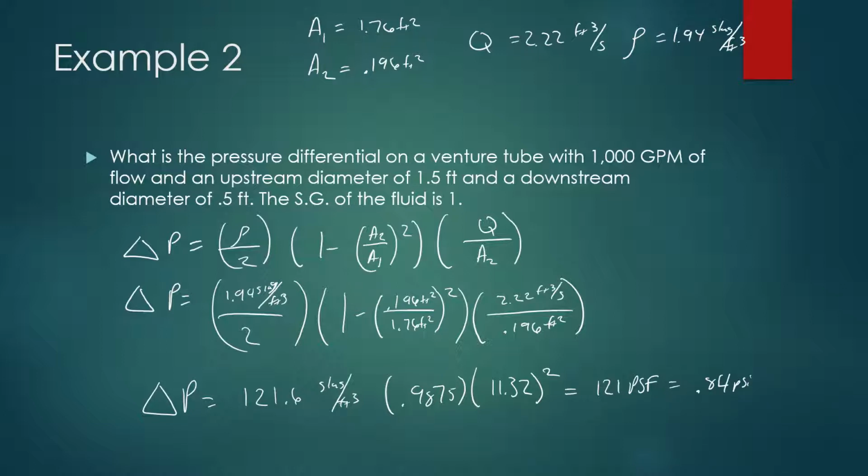So as you can tell, even with a very high flow rate of 1,000 GPM going through a fairly small pipe, a foot and a half and half a foot, our pressure difference is still quite low. And that's typical.